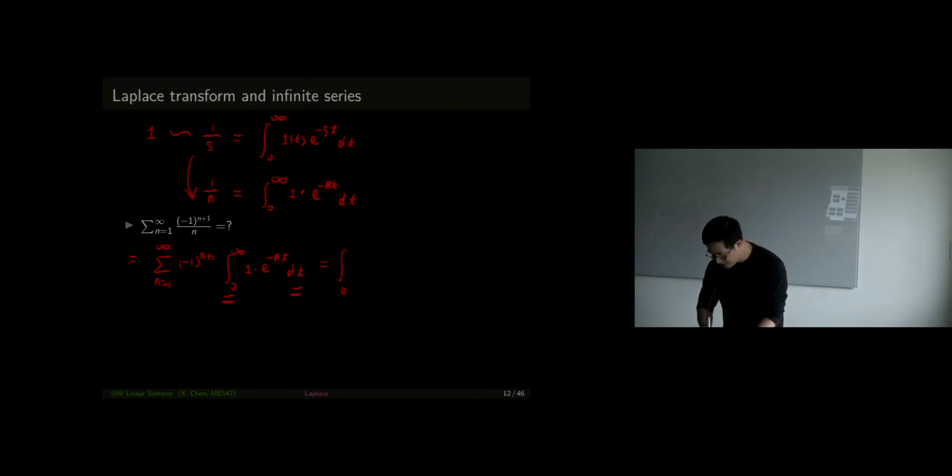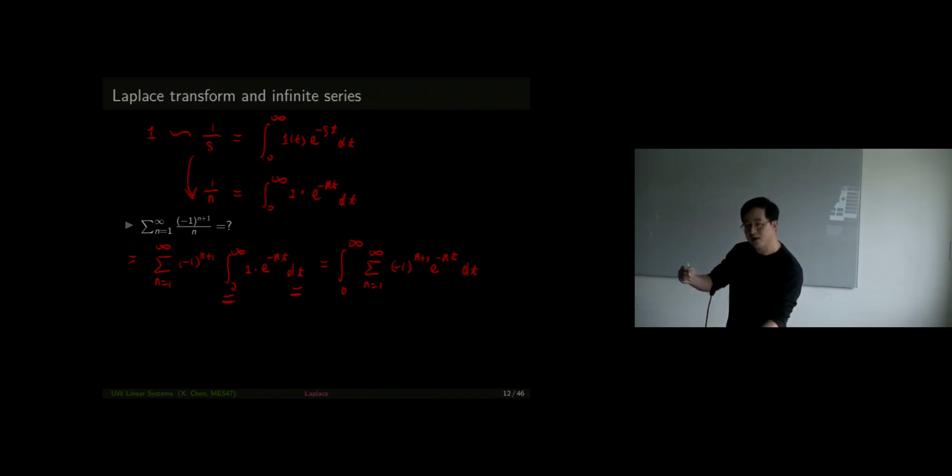Therefore, I can bring the integration to the front before the summation. And then inside is this oscillating minus 1 and plus 1 multiplied with this exponential of negative nt.